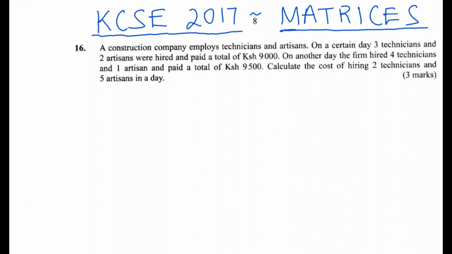So we are first supposed to form equations. On the first day, 3 technicians and 2 artisans were hired. They were paid a total of 9,000 Kenya shillings.